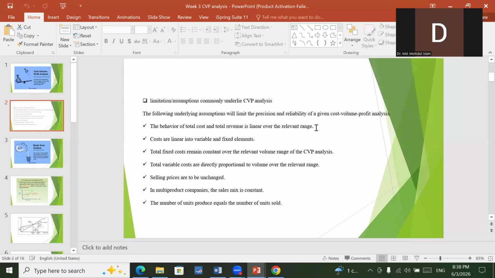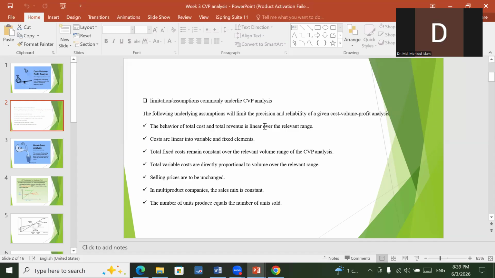That means total revenue increases and total cost also increases. The difference between cost and revenue, you will get a profit. This relationship is called a linear relationship.